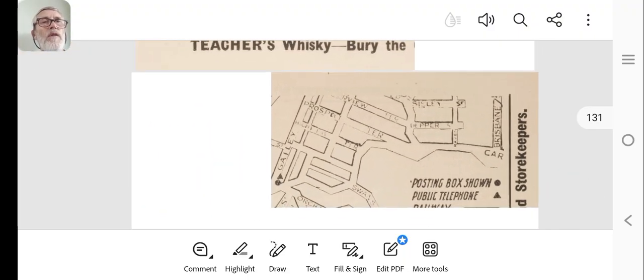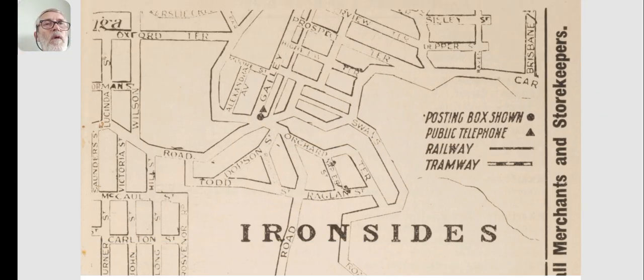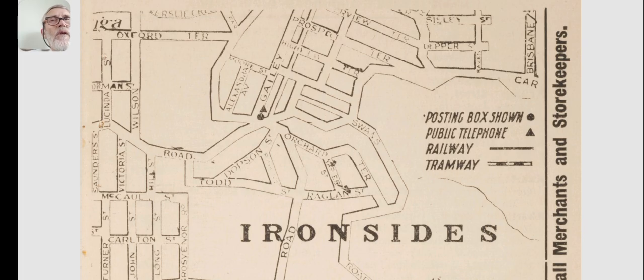Okay, this map is called Ironside. Now I looked it up, couldn't find anything to do with Ironside. There isn't any suburb called Ironside anymore. It's actually an area which is basically near where Queensland University is.